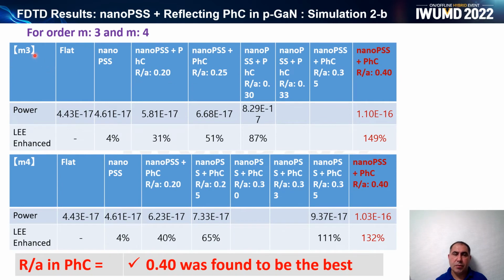As a result, we got LED enhancement around 149% by using R/A value 0.40 in the PHC and using the most optimized nanoPSS parameters for M3. For M4, we got 132%. In this case, we only use the reflecting PHC and p-GaN contact, not p-AlGaN contact, we should remember. So the R/A around 0.40 was found to be the best value for the design of the PHC.